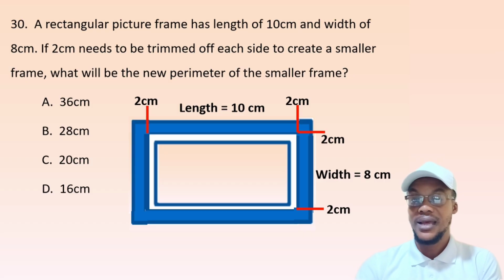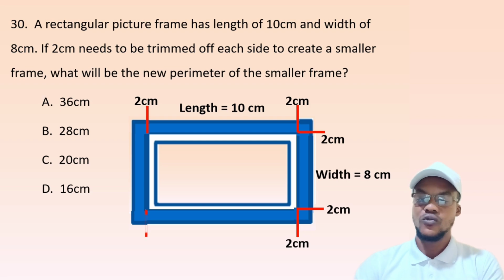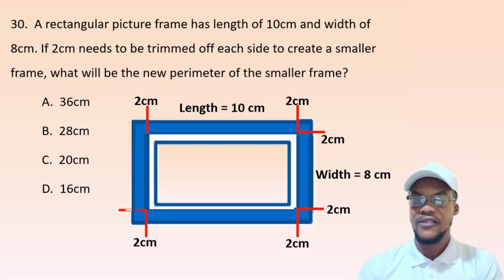So if you apply this principle, then you can do the same to their opposite sides. So to the length side, I'm doing the same to the opposite side, which is also 2 centimeters. Then I will do to the other side, which is also 2 centimeters. Okay, that is for the length. So I've done both opposite sides of the length. Then I'll do the same to the width side, the opposite side, 2 centimeters, yes, 2 centimeters as well.